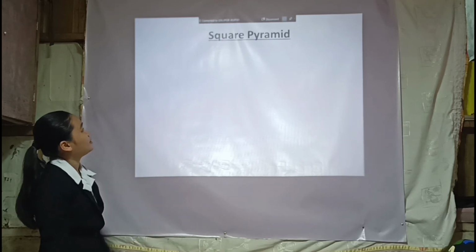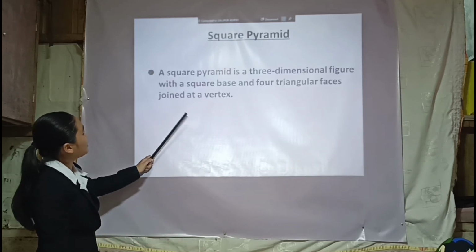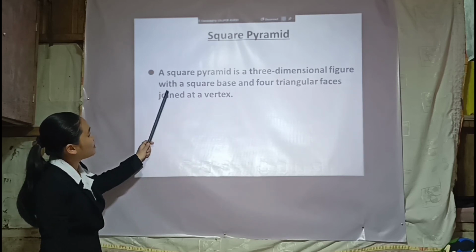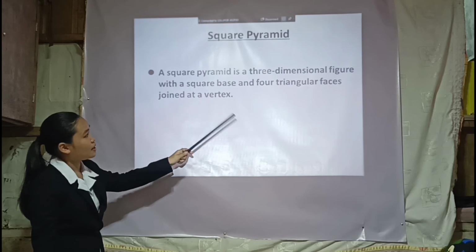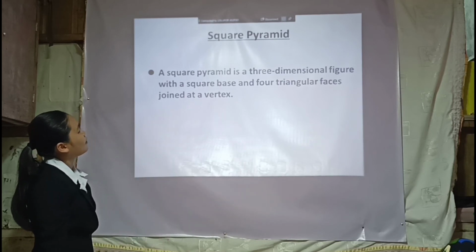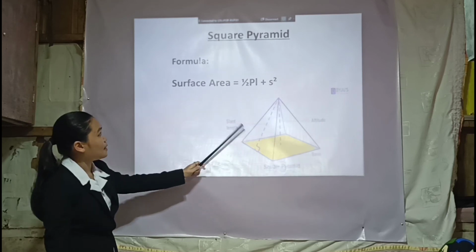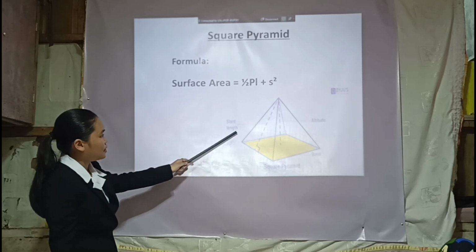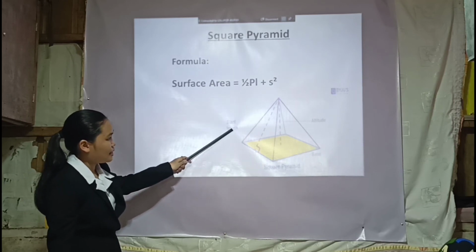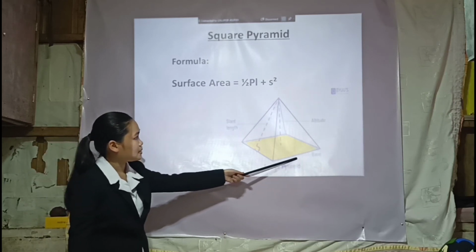The square pyramid. A square pyramid is a three-dimensional figure with a square base and four triangular faces joined at a vertex. So this is the example of a square pyramid. This is what we call the slant length, and this is the base.